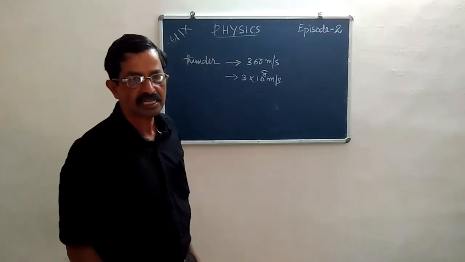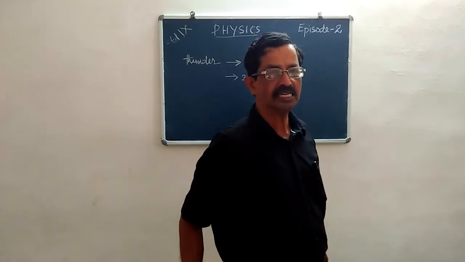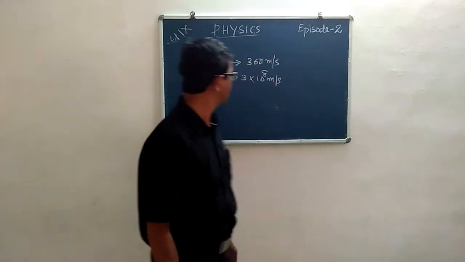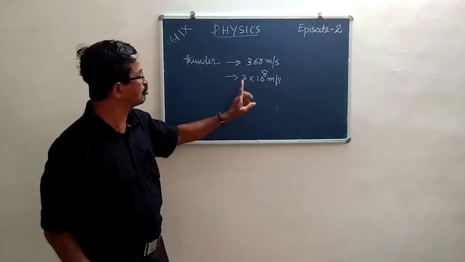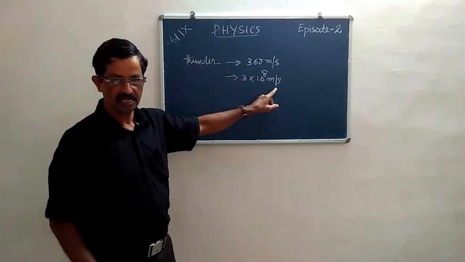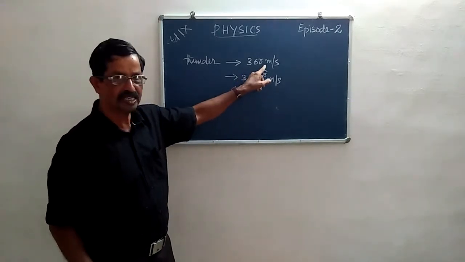Lightning and thunder occur at the same time, but due to the high speed of light, the light reaches us first. But the sound travels at a speed of 360.